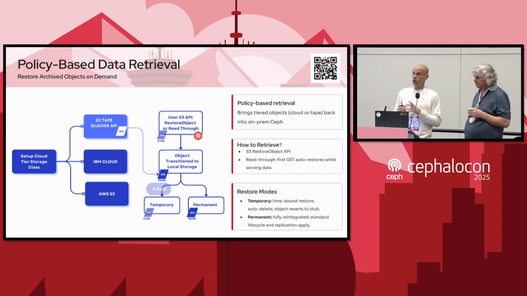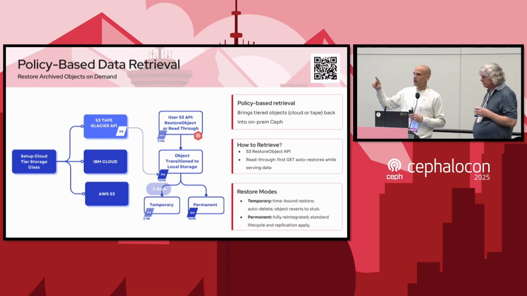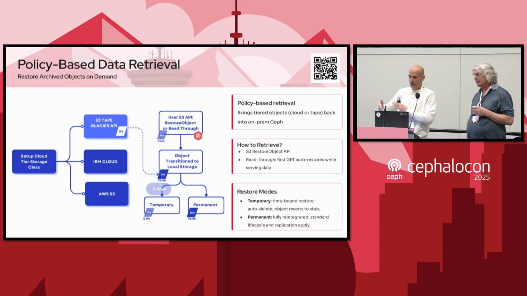We have two ways of retrieving the data. You can use the restore object API, which is part of the Glacier API, by which you can asynchronously retrieve an object from the cloud, in this case from tape or from AWS. You can retrieve it into your Ceph cluster. Or if you prefer, there's also transparent read-through that you could configure.